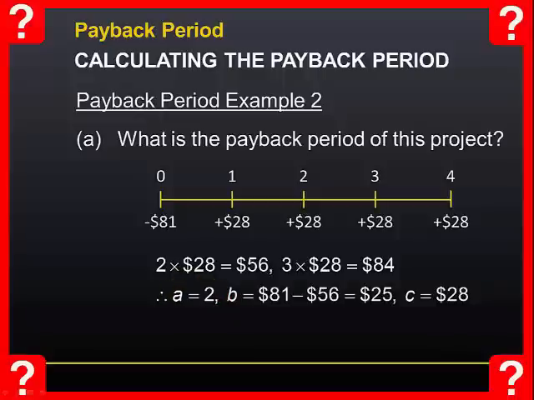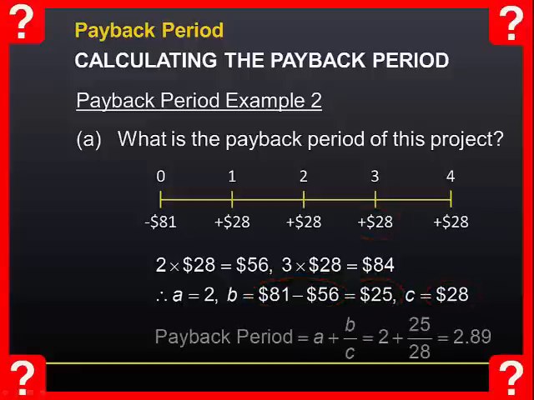After the second year we've recovered $56, and therefore the final amount we need to recover in the third year is 81 minus 56, or $25, and the total cash flow received in the third year is $28. Using the formula, we get 2 plus 25 divided by 28, or 2.89. We are 89% of the way through the third year when we finally recover our initial outlay of $81.